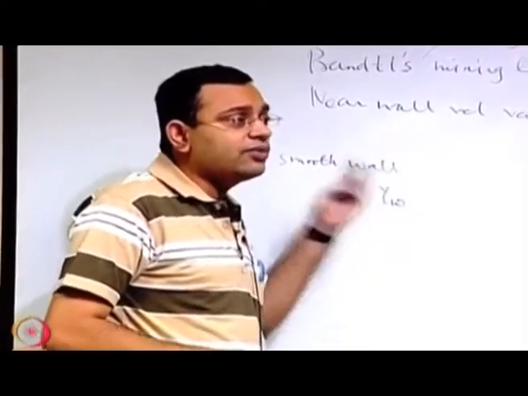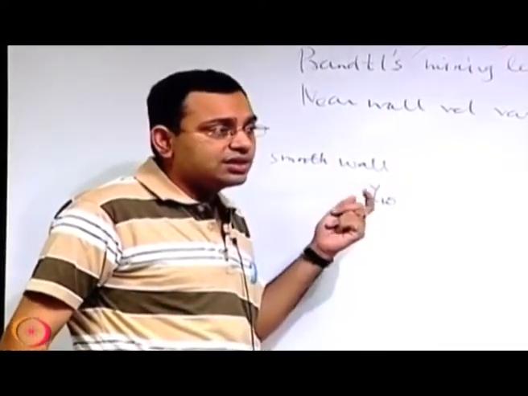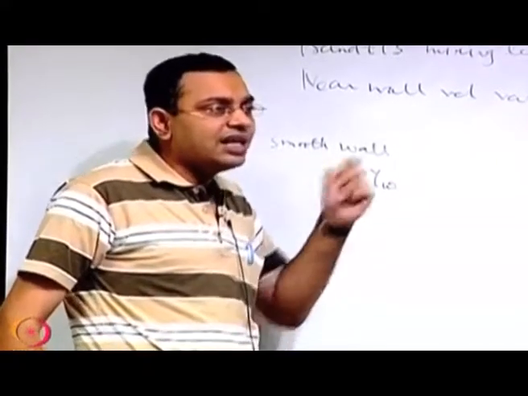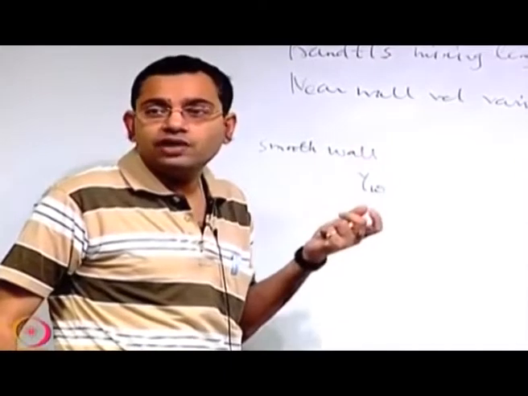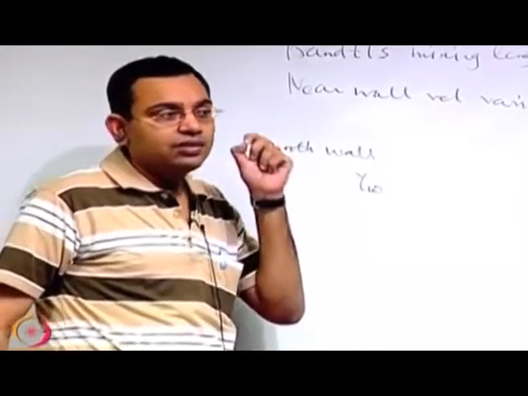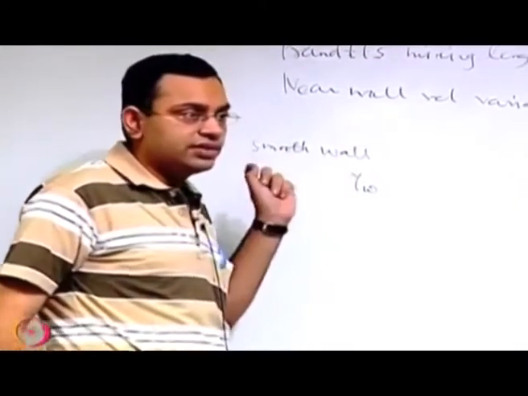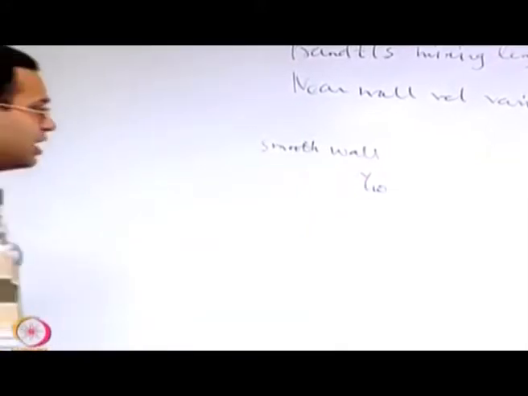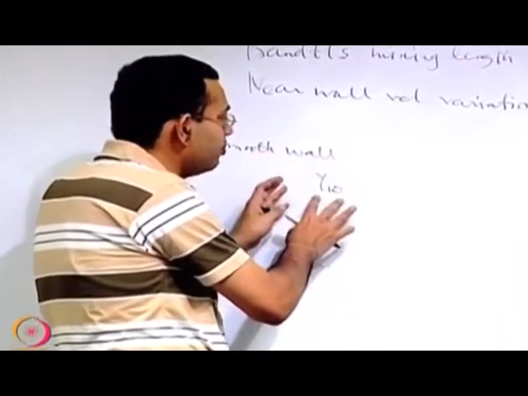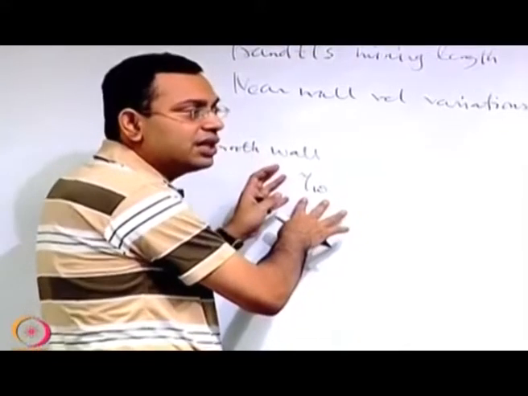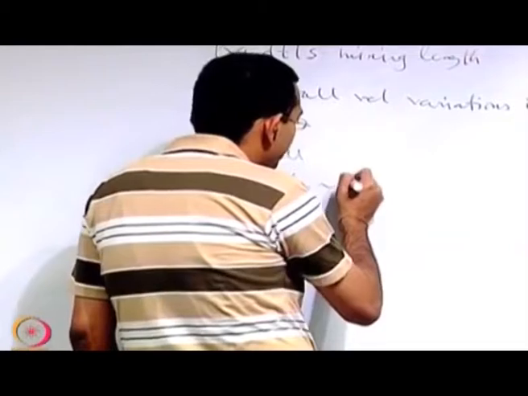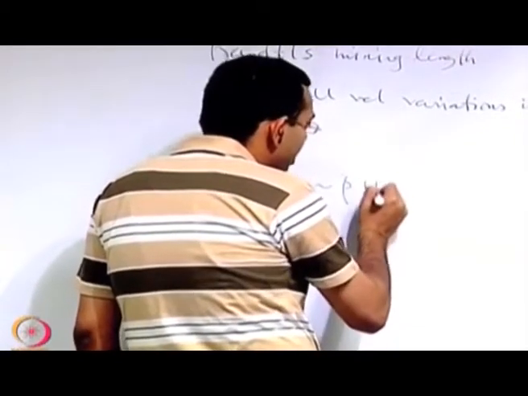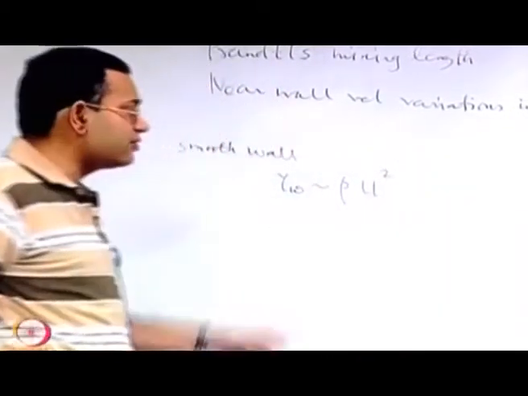Calculating that for a turbulent flow is difficult, because slightly away from the wall it is still affected by turbulent fluctuations. So, it is not so easy to measure, but if it is accurately measured, then this is one of the important parameters that we can get from the wall, and just from scaling arguments, tau_wall is given by some rho into u squared, just from dimensional analogy.